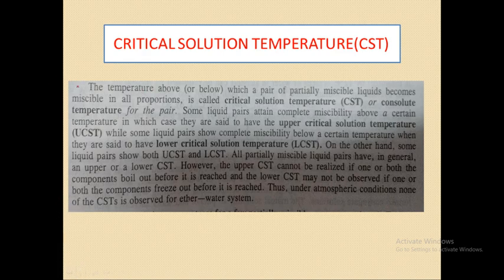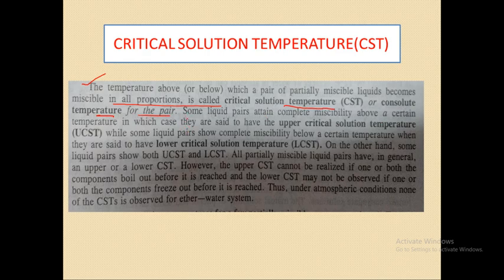The temperature above or below which a certain pair of partially miscible liquids become miscible in all proportions is said to be the critical solution temperature, or consolute temperature for the pair.